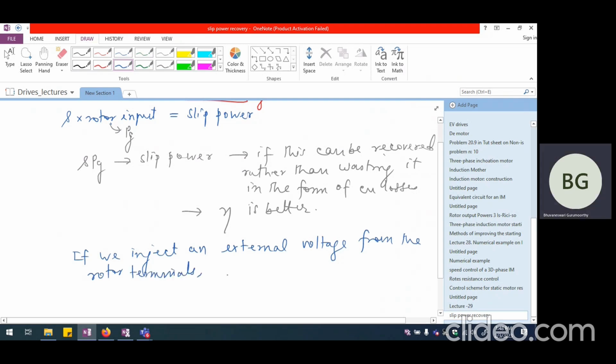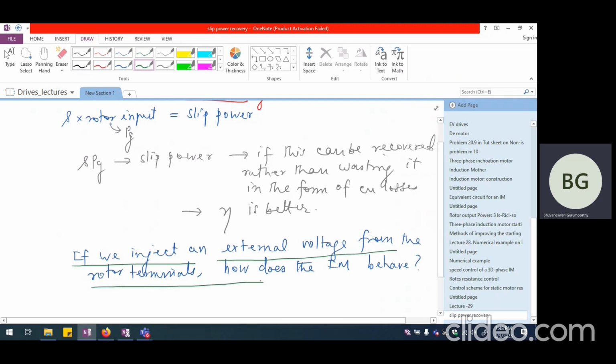How does the motor behave? That's what first we are going to look at. So let us try to see how an induction motor behaves if we inject a voltage from the rotor circuit. That's what we are going to look at now.